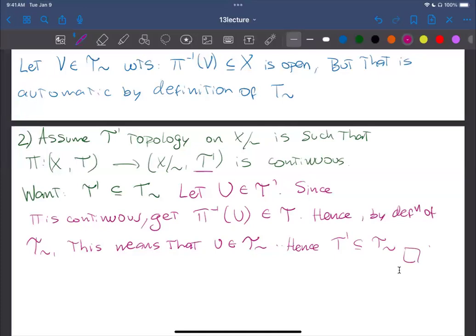So this is a rather convincing argument, a very good reason about how natural this topology is.